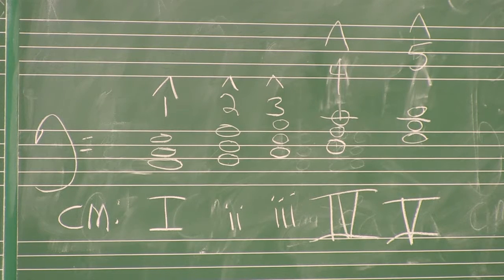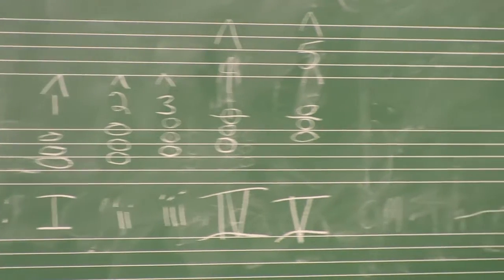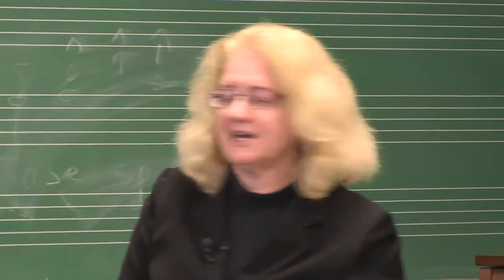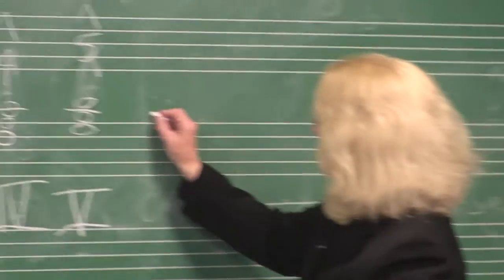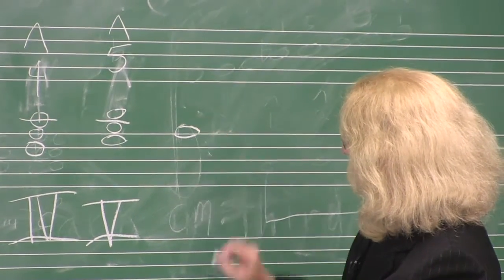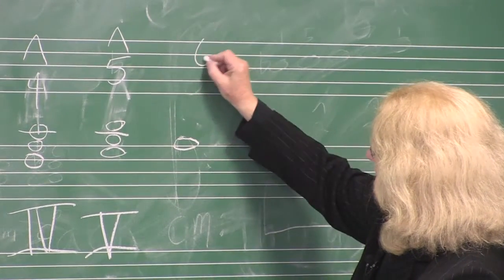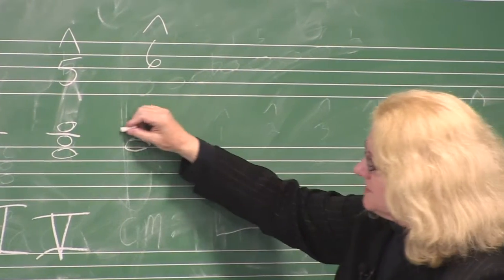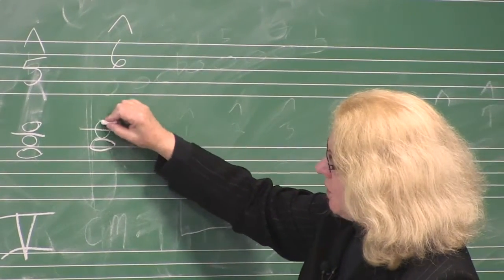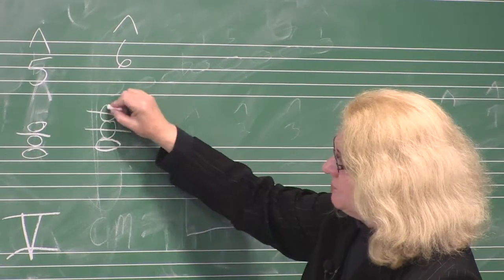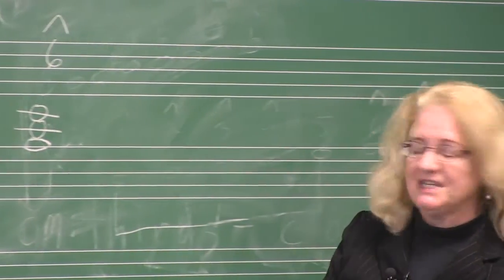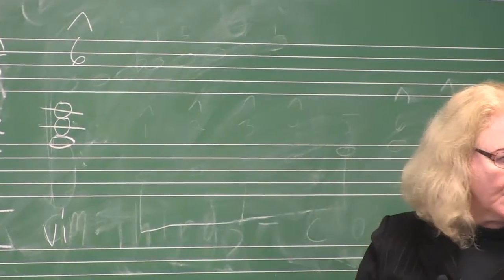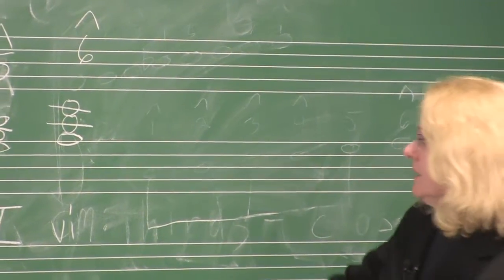Okay, what's next in our C major scale? What letter comes next? Yes, A. What we all long for, A. That's the 6th scale degree. If I stack thirds, all taken from notes that are in the C major scale, I get a minor 6 chord, right?